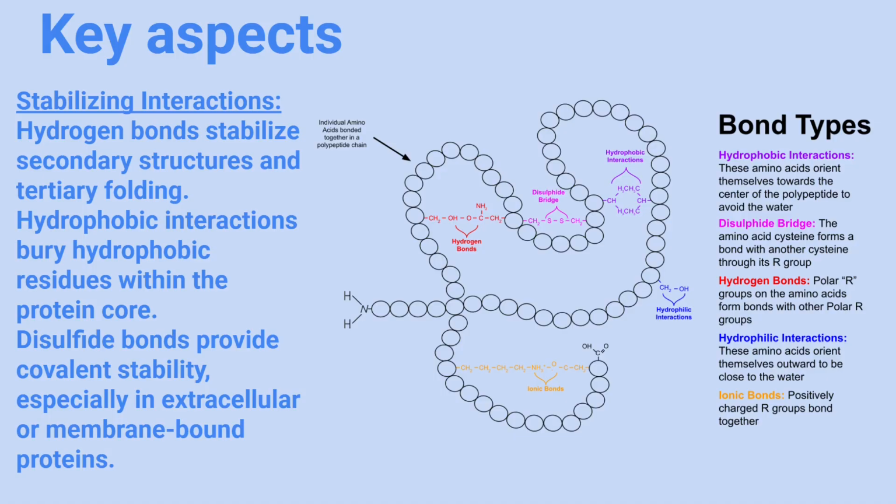Hydrophobic interactions drive the burial of hydrophobic amino acid residues within the protein core, minimizing their exposure to the surrounding aqueous environment. Disulfide bonds form covalent linkages between cysteine residues, providing additional stability to the protein structure, particularly in extracellular or membrane-bound proteins.